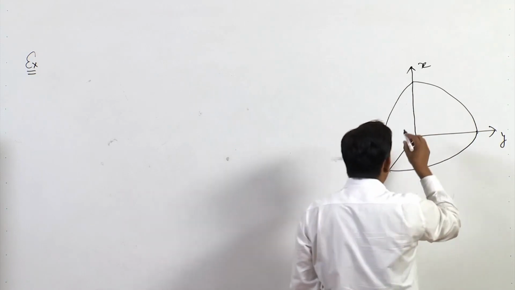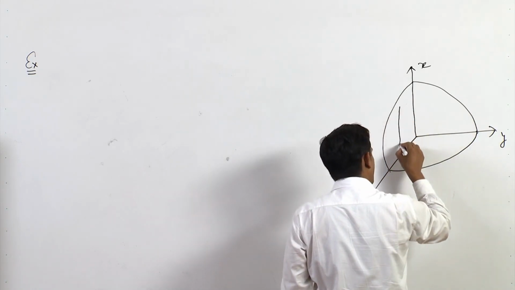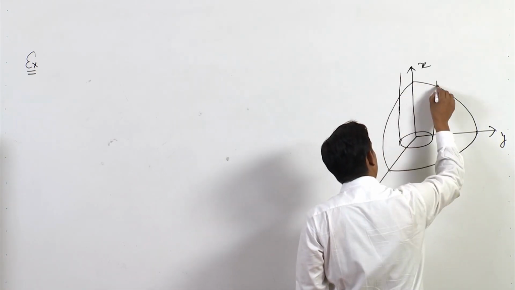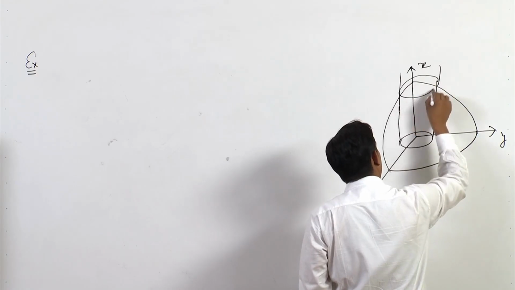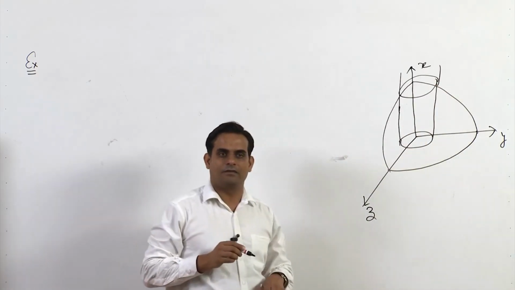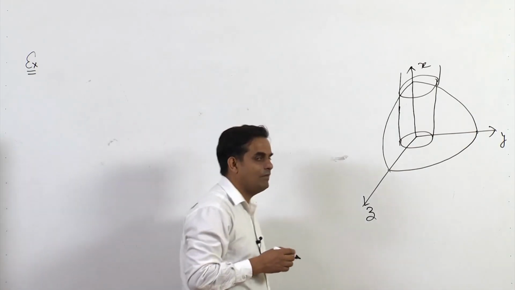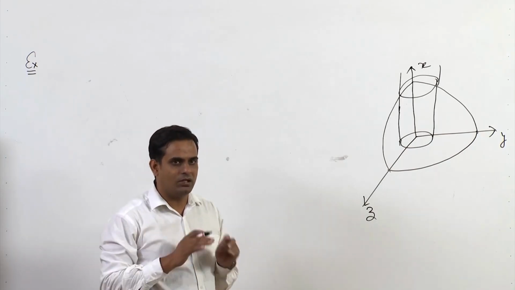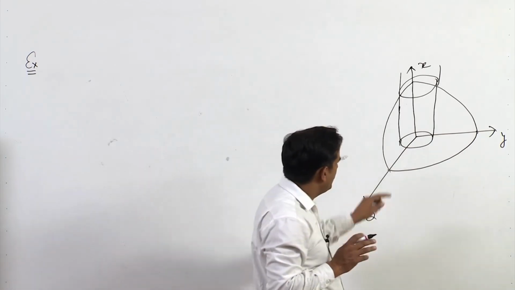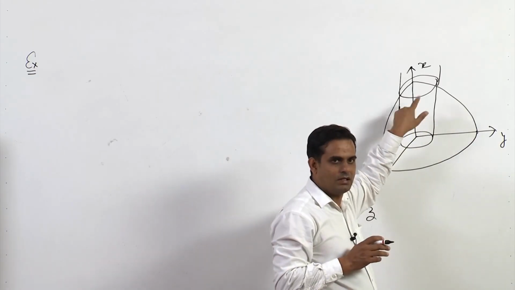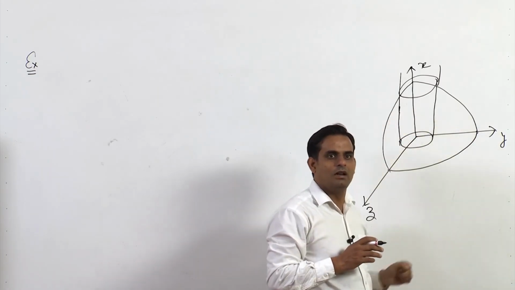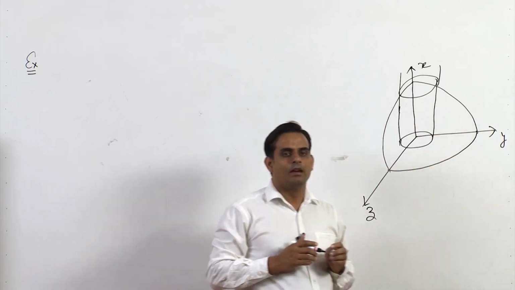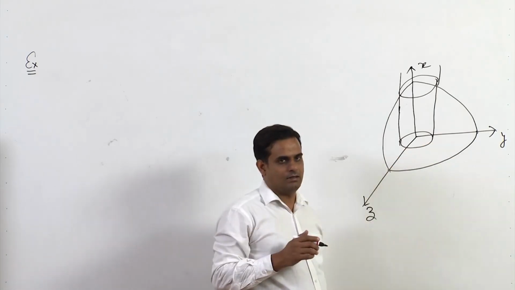Now, I am having a cylinder which intersects this sphere, and the cylinder is given by y square plus z square equals 9, and above. Now, we need to find the area of this particular portion of the sphere which is cut by the cylinder, or in other words which is common in both, and above the yz plane.